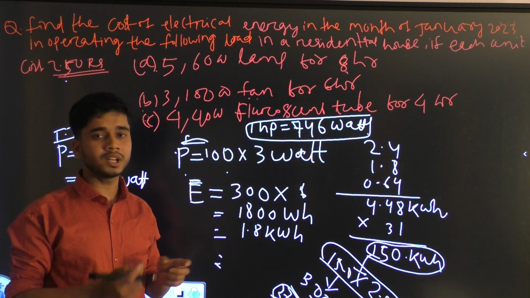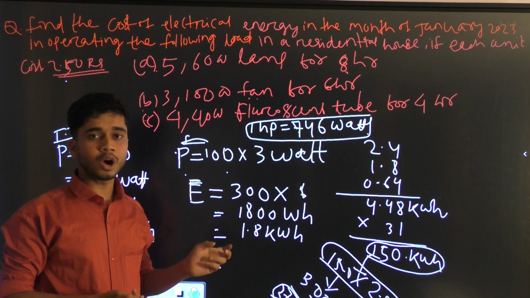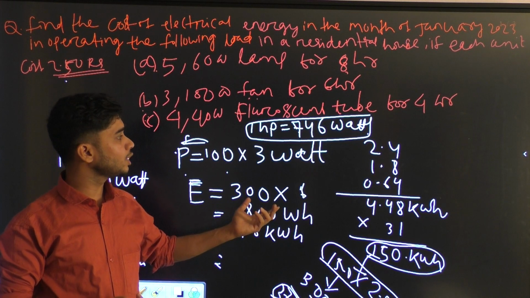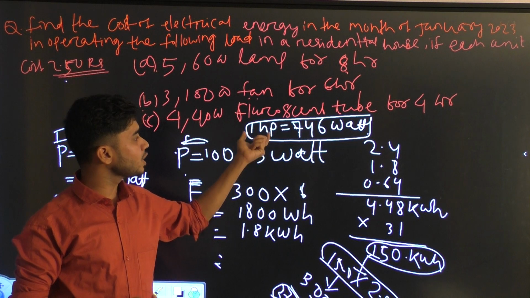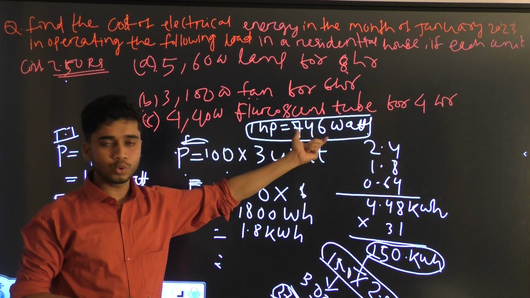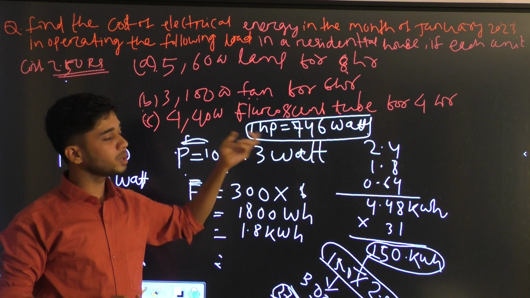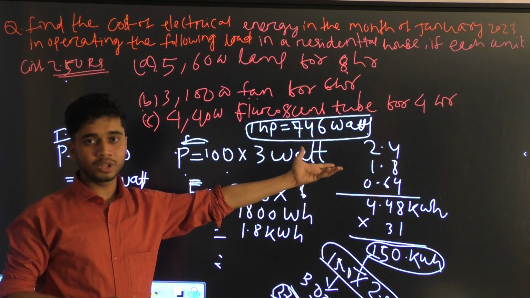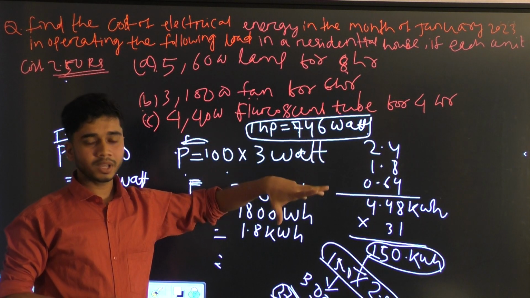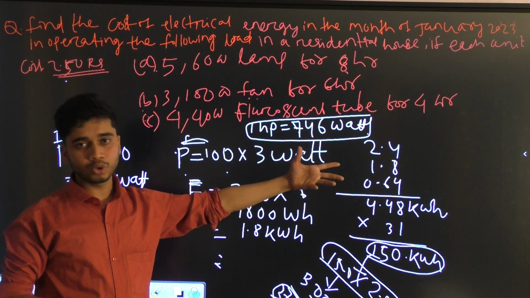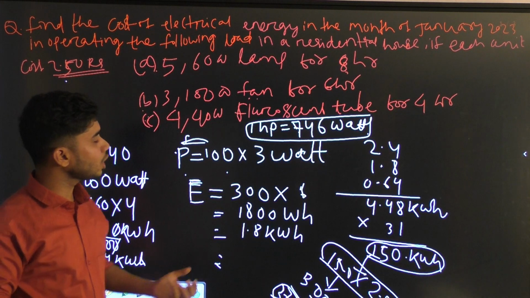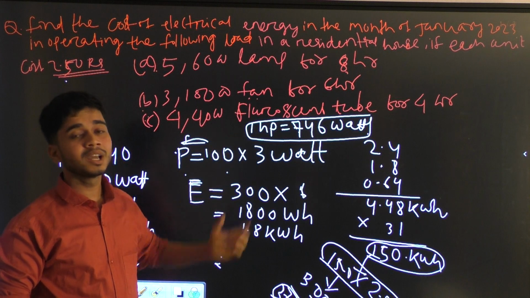If each motor is a 1 HP motor and inside the house there are 2 motors, then total power requirement is 746 into 2, and if both the motors are on for a period of 5 hours, then you need to multiply 5 with the power, then you can calculate the energy consumed by the motor load. Okay, this is the way you can solve the question if in the question there is a motor.